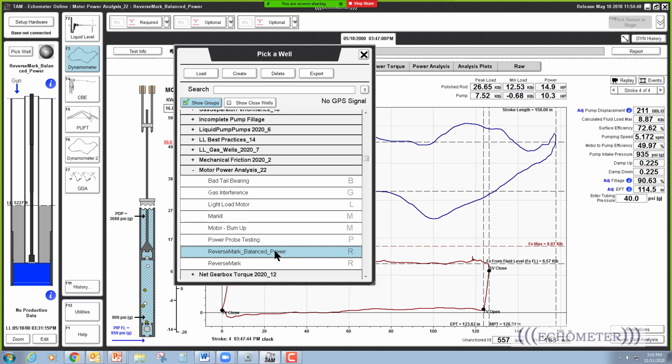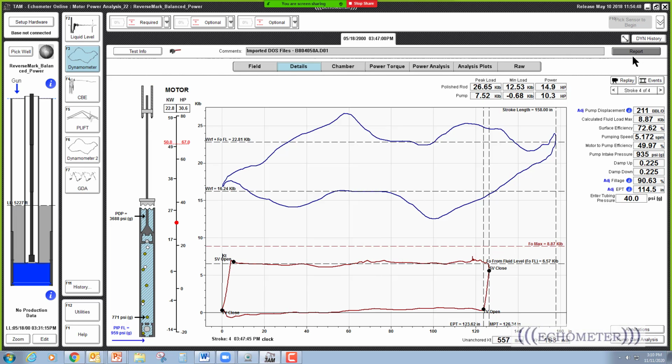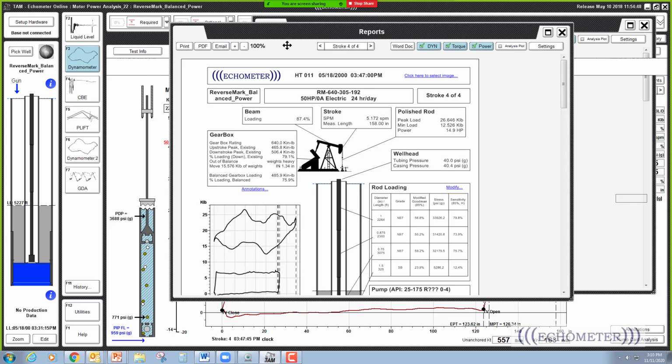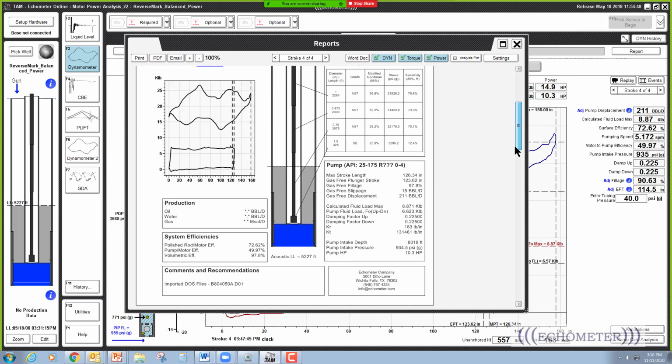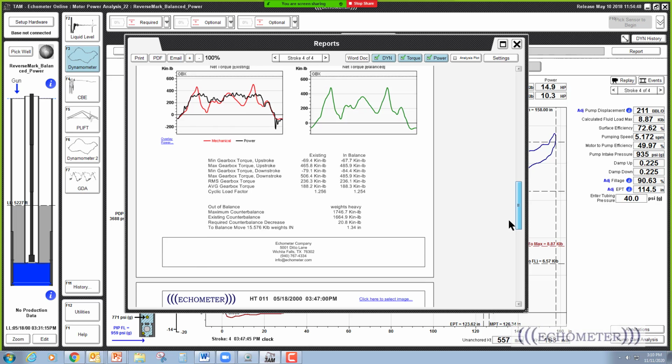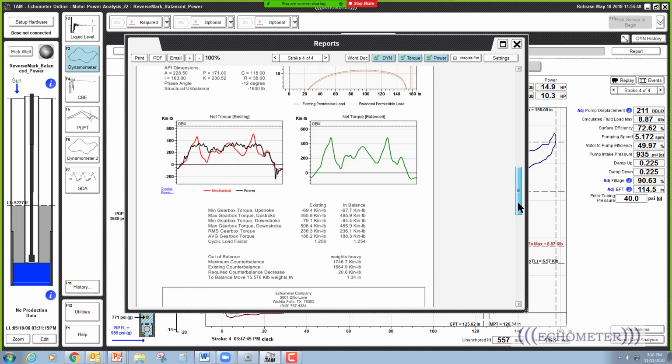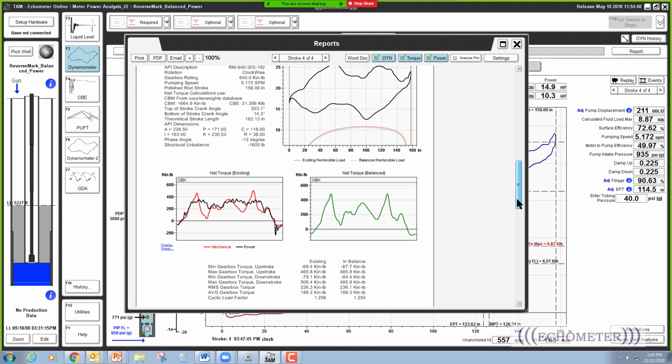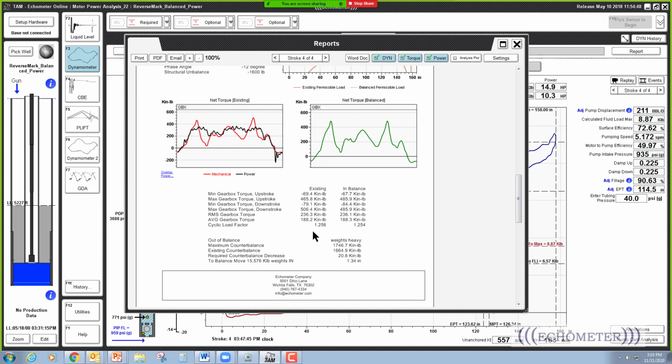If I go to this one where we measured power and it's balanced, and I go to the report and look down toward this part right here, this is your torque report. And if you look at the cyclic load factor, this is a cyclic load factor before and a cyclic load factor after. And the net torque and the kW are exactly the same relationship.